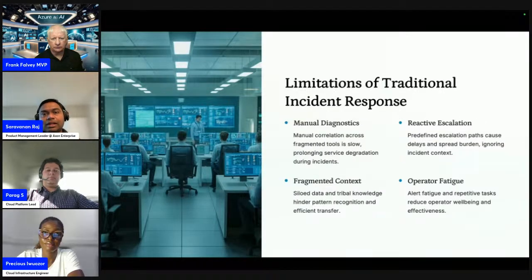Now, if you look at the limitations of traditional incident response, you have four buckets of problems. First one is manual diagnostics. The correlation of various dependent systems and fragmented diagnostic tools that are split across various organizations within any large enterprise just causes degradation and constant incidents and outages for customers.